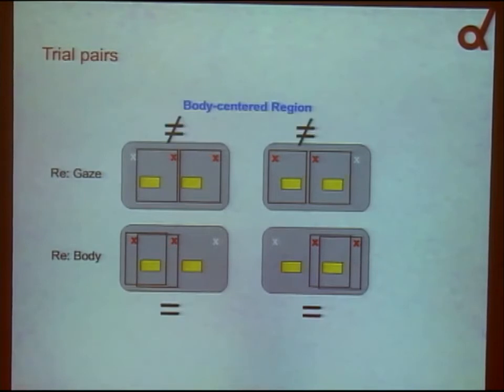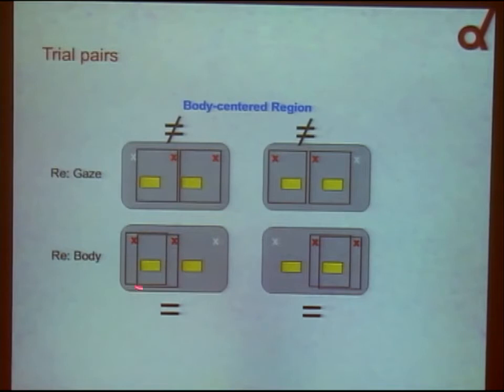In a body-centered area, the 2 trials in this pair are different. So you should be able to classify them in a body-centered area. This pair is also different, so you should be able to classify them if you're dealing with a body-centered area.